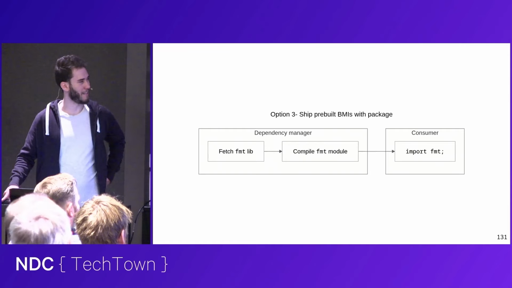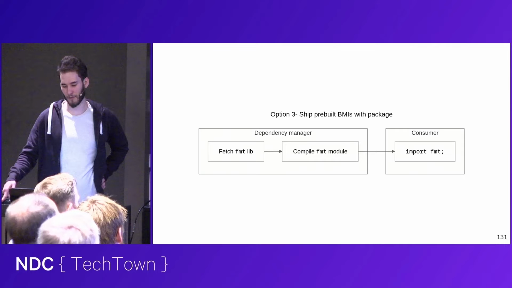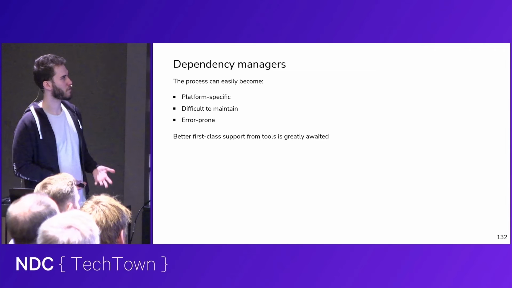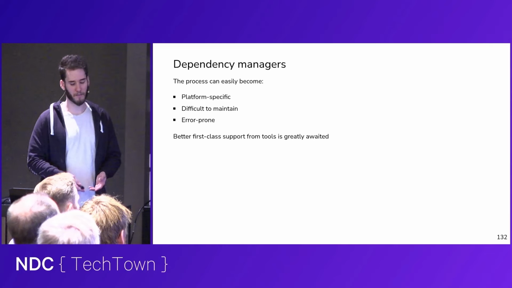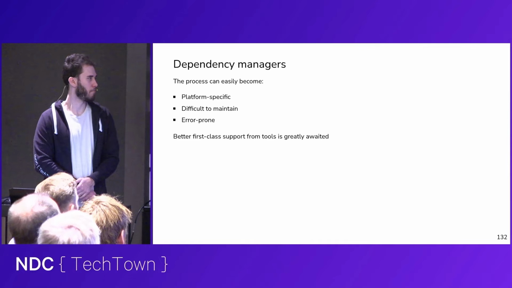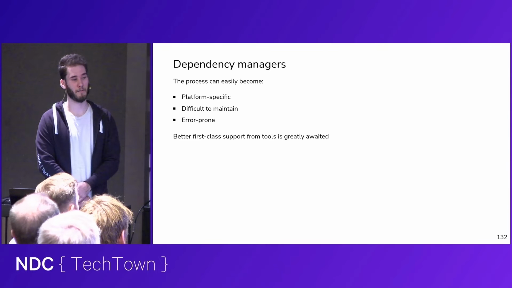But again, if none of the dependency managers even support option 2, it's a little bit difficult that they would do option 3. And that's understandable, because this process can easily become very platform-specific, very difficult to maintain, and also very error-prone. So many developers are not really doing that right now, because better first-class support for these tools would be greatly appreciated by the developers.